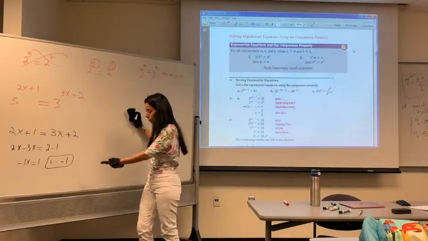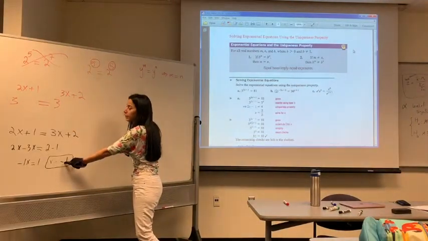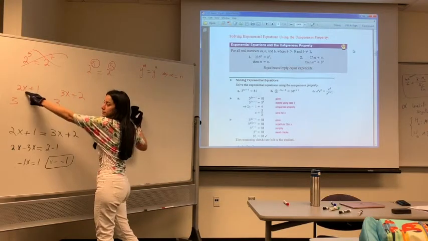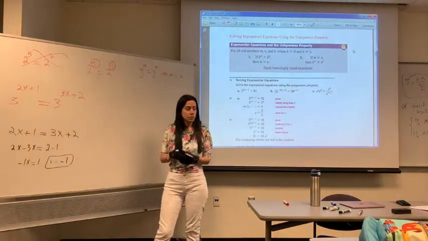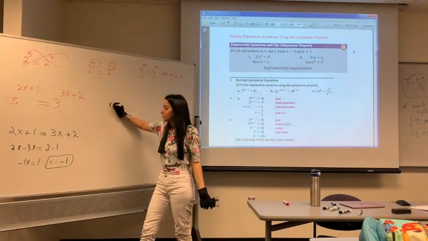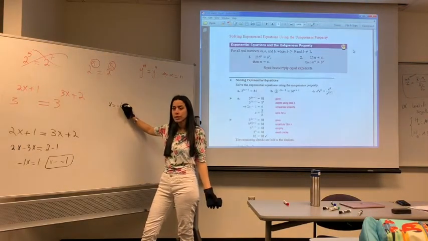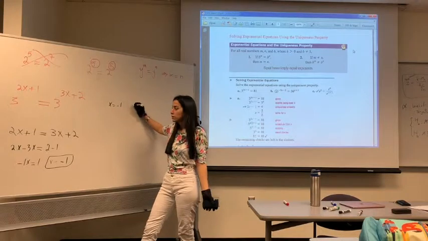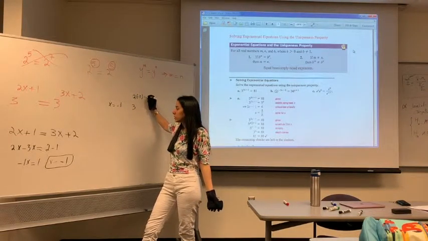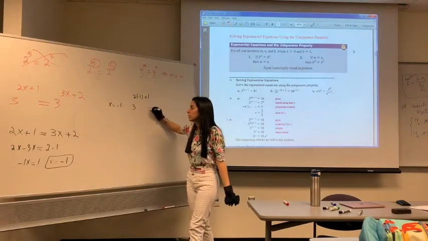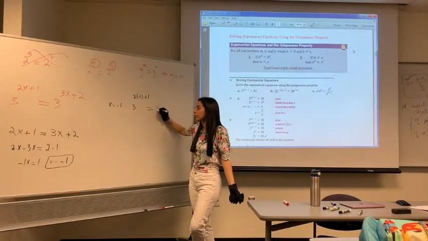Just put that negative 1 inside this and see if it works. So for x equal to negative 1, we want to check this. We will say 3 power 2 multiplied by negative 1 plus 1 is equal to 3.